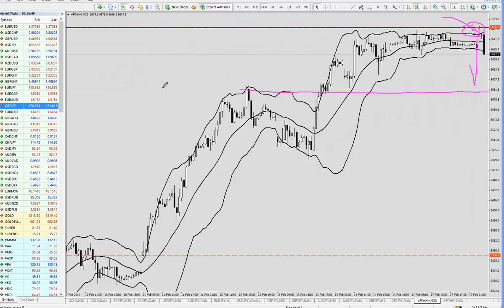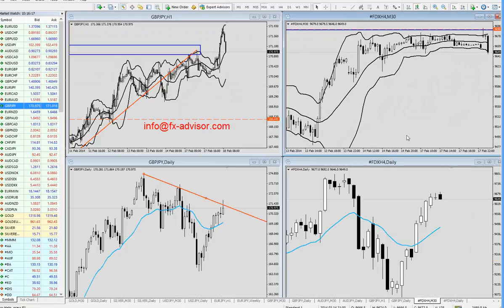For our visitors, this is a DAX futures chart, so if you are watching CFDs, you can have slightly different numbers here. So it looks like we missed it this time, but anyway, there is nothing to be worried about. There are going to be plenty of chances on different instruments.